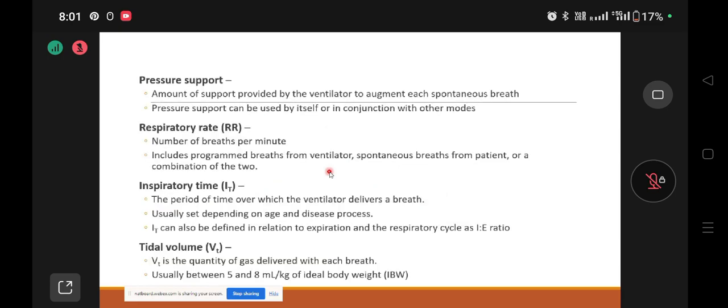So there are various things which we need to know: the pressure support, the respiratory rate. We know what the ventilator is programmed to give to the patient. Inspiratory time is the time for which the ventilator will deliver an inspiration. Expiration is mainly passive. Tidal volume is normally the amount of gas with each breath, and normal tidal volume is about 5 to 6 or 5 to 8 ml per kg of the ideal body weight.